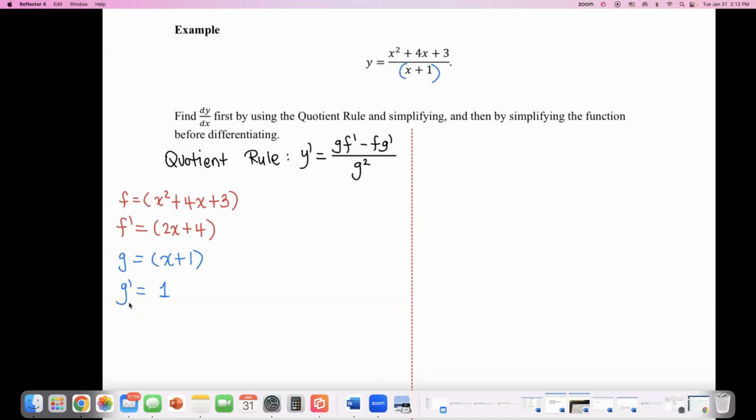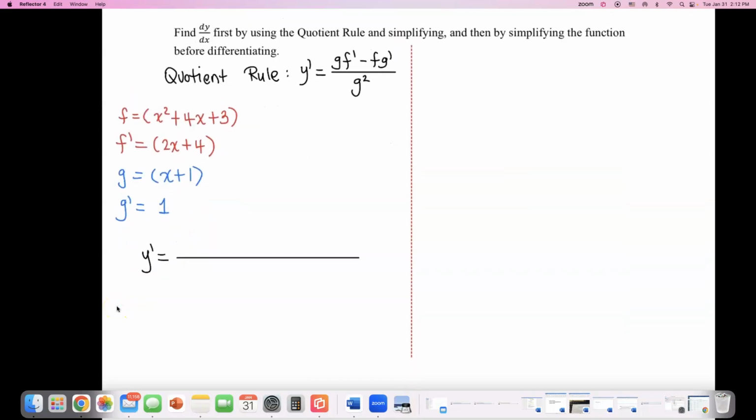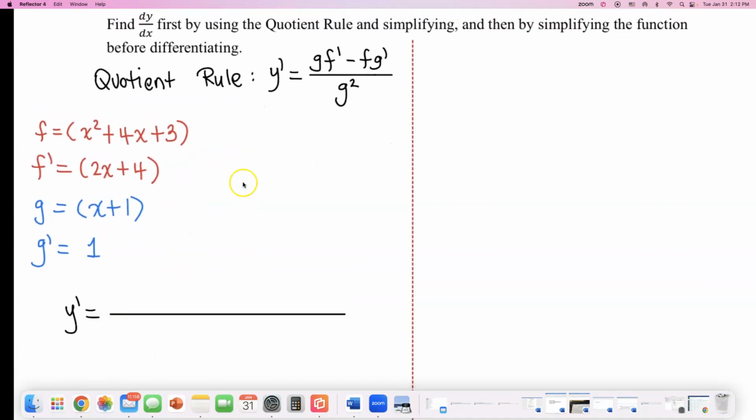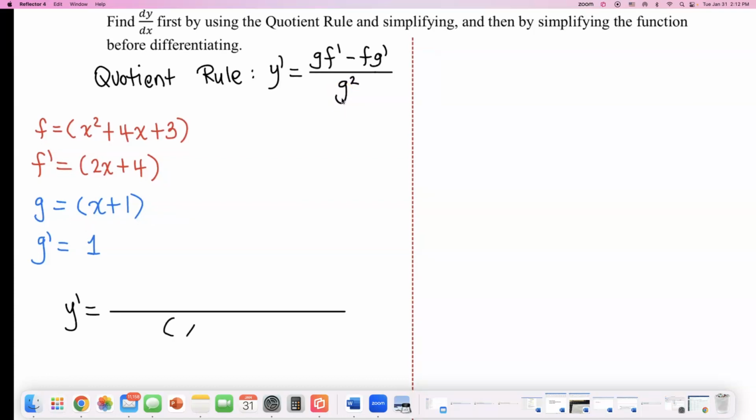So let's find the derivative y prime. On top of the fraction, let me do the bottom first, okay? The denominator is easy. The denominator is g squared. Here is g, so write down x plus 1 squared. All right, let's see what goes on top of the fraction.